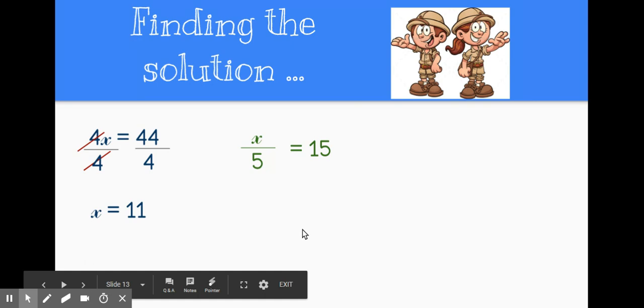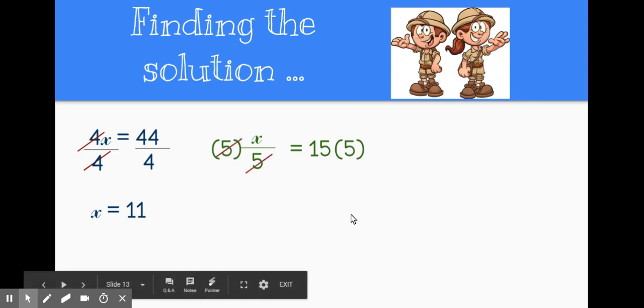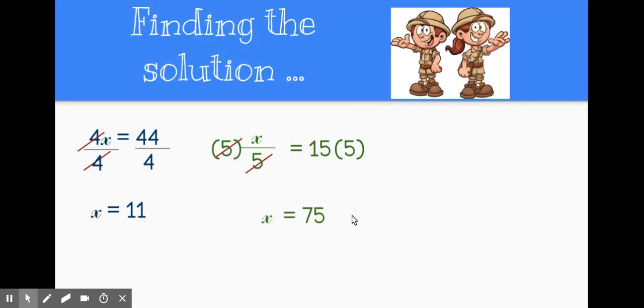Now try the green equation, x divided by 5 equals 15. The opposite of dividing by 5 is multiplying by 5, so you should have multiplied both sides by 5. The 5's cancel each other out and leave us with x equaling 75.